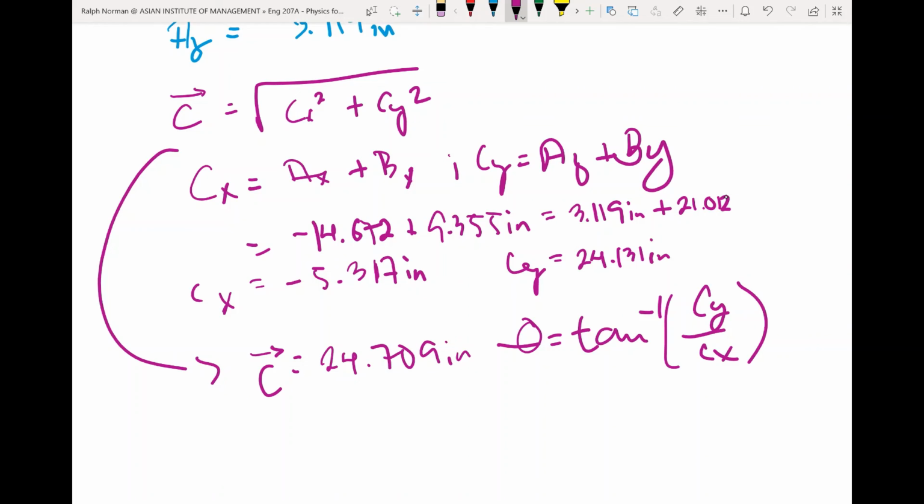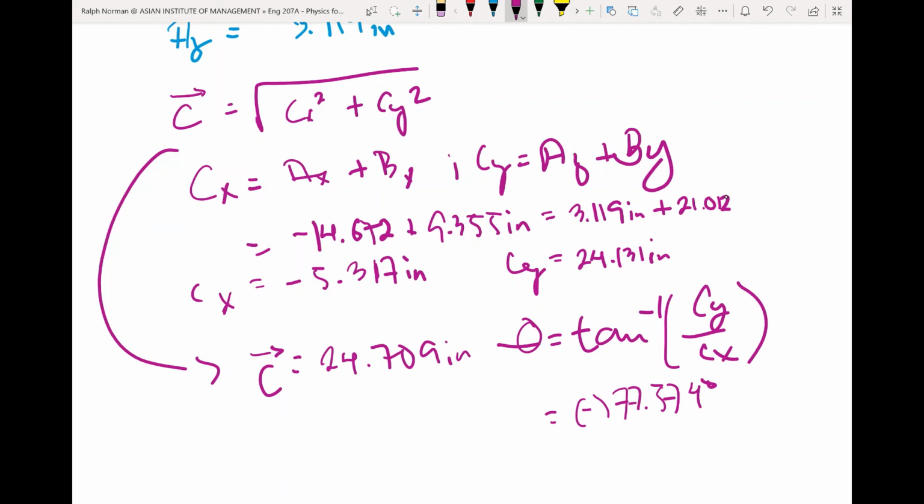You'd be surprised, you would get a negative value dito. But that's okay. At least you know very well that your y component is positive, your x component is negative. So it must lie in between north and west. So you would actually get negative 77.574 degrees, depending on how you round it up.